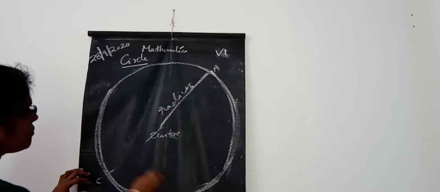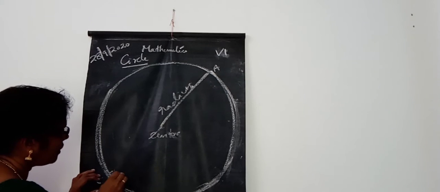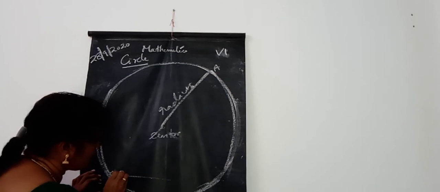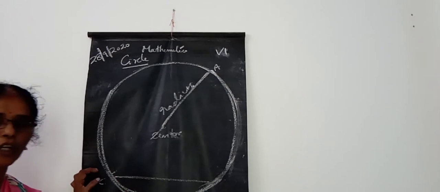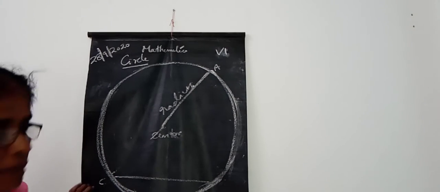And we can draw another line segment that joins 2 points of the circle.